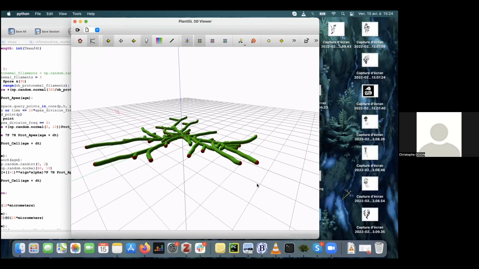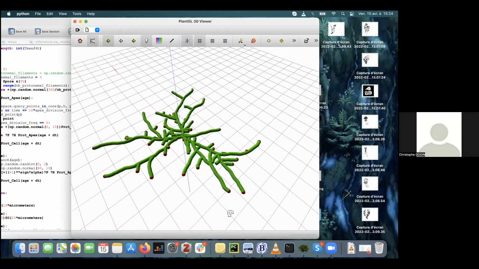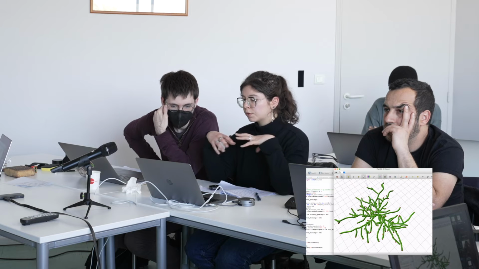Super. There was a crossing over of segments here. Yeah, because there are divisions at the apex. It's developing through tip growth, but cells grow with a Hill function. So even if it stops dividing because it encounters a filament, the growth of cells inside the filament might make the filament cross.